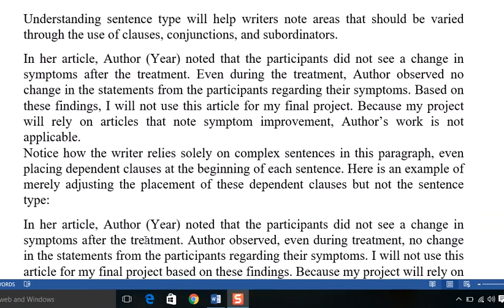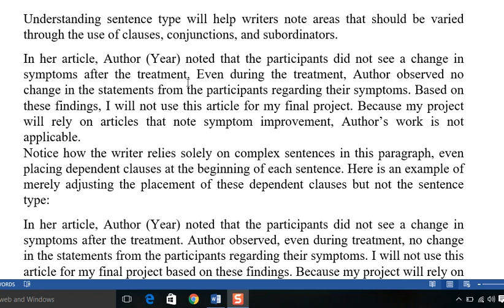Fine. Here there are examples written. Understanding sentence types will help writers note areas that should be varied through the use of clauses, conjunctions, and subordinates. For example, in our article, the author noted that the participants did not see a change in the symptoms after the treatment.